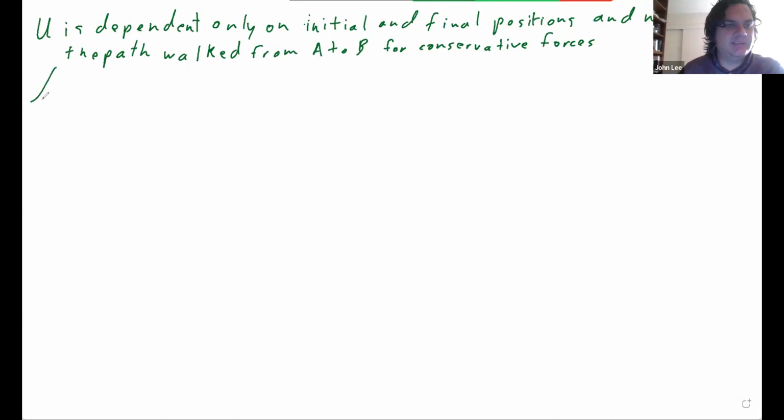So what this means is that going from A to B, the integral of F dot dl along path 1 is equal to the integral along any other path from A to B of F dot dl.